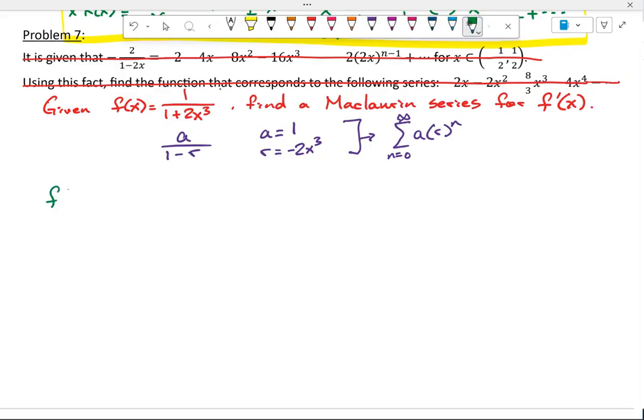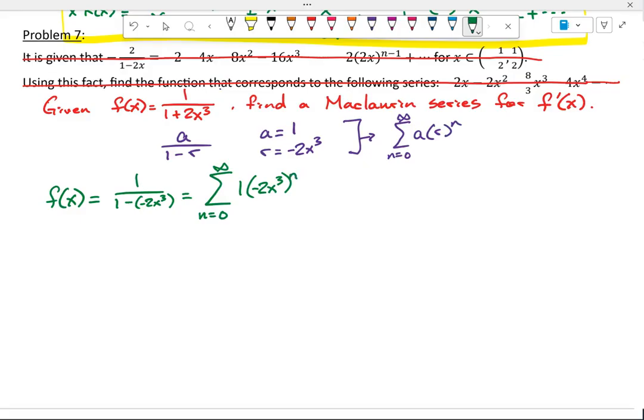So we can say f of x, we can rewrite as 1 over 1 minus negative 2x cubed, is the sum, as n equals 0 to infinity, of, how would we write inside of our sum? What would that be? The power of n, right?